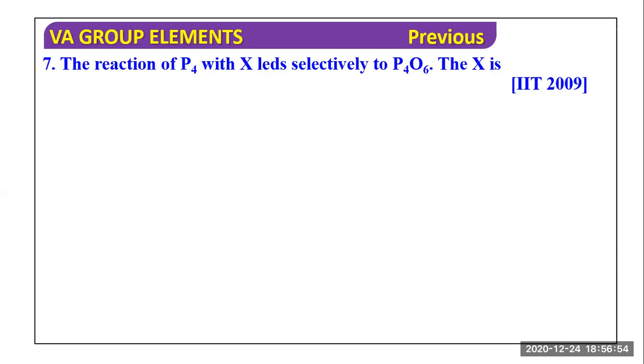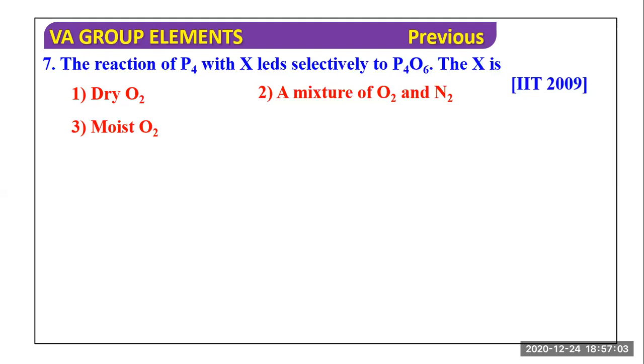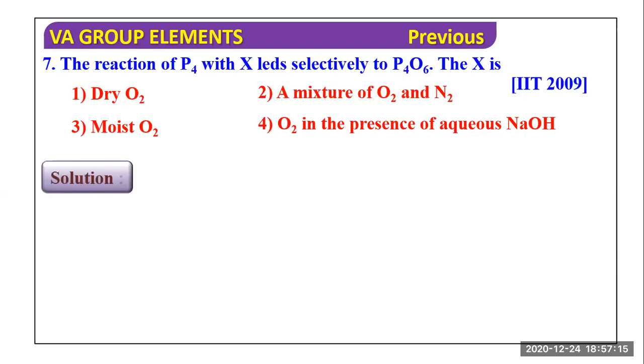What is the X? The X is dioxygen? Is it a mixture of oxygen and nitrogen? Is it moist oxygen? Is it oxygen in presence of aqueous solution? So which one is the correct?